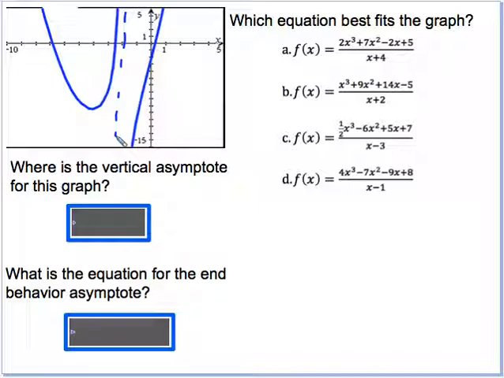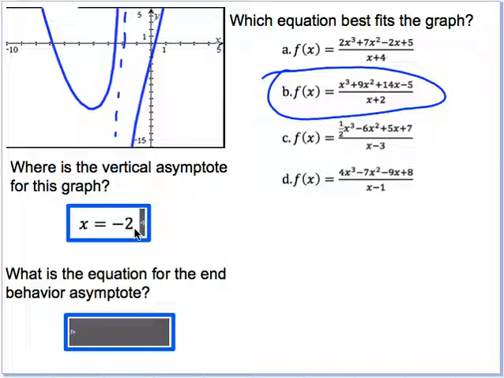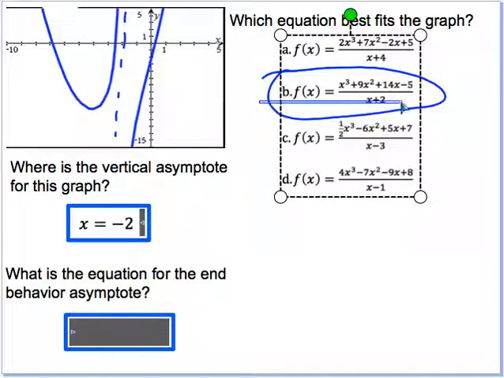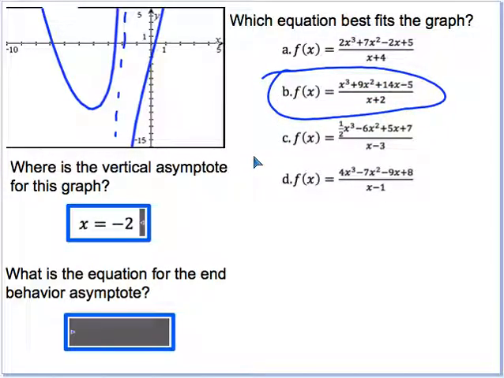So look for something that would give you that vertical asymptote, and that's the only one. Because you look at the vertical asymptote, you should have this x equals -2. And then again, you're going to have to do long division with this formula that you found up here to find the end behavior asymptote.